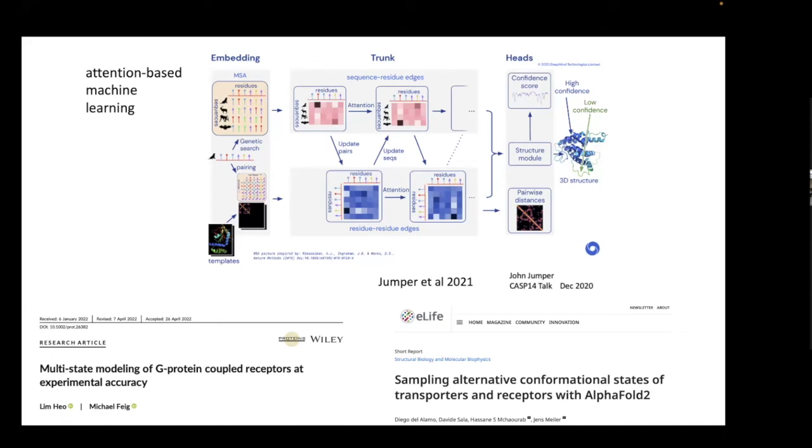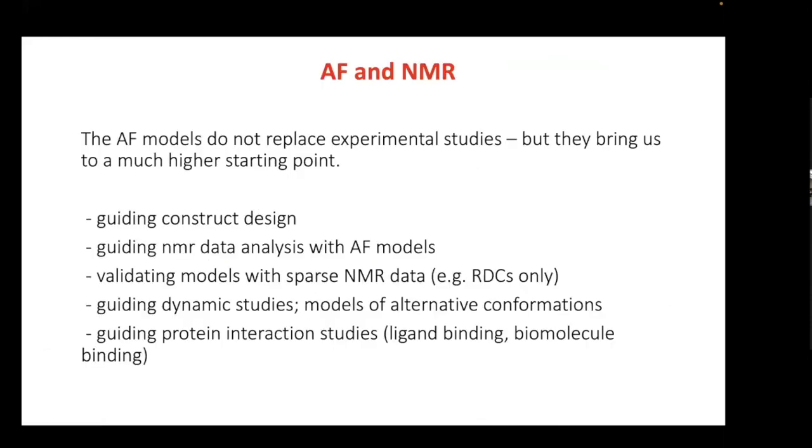And when you have multiple states, you find the multiple states among that broader set of conformations. So this is actually a very exciting future direction about modeling multi-state structures with AlphaFold and potentially bringing NMR data into the story.